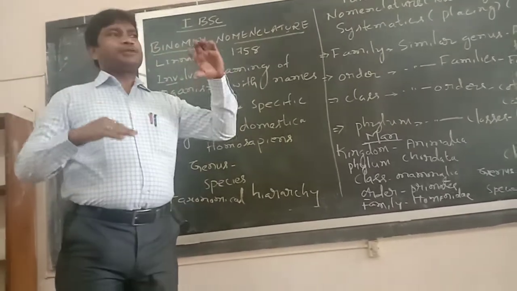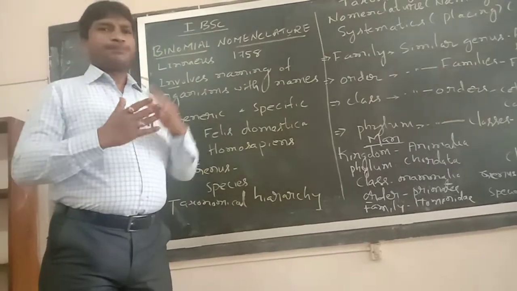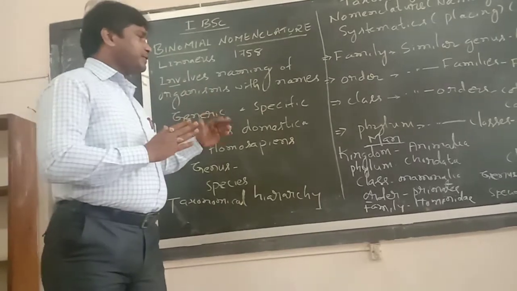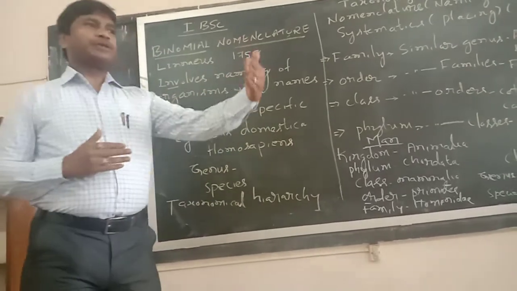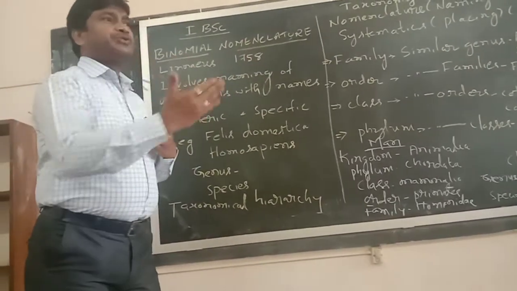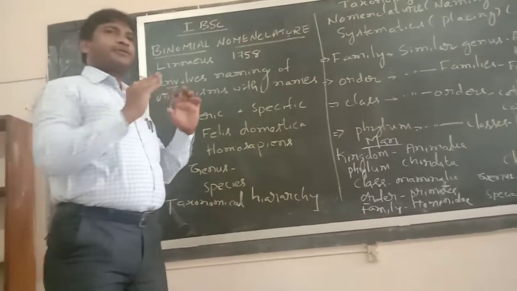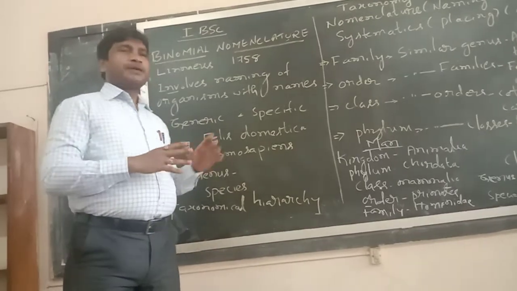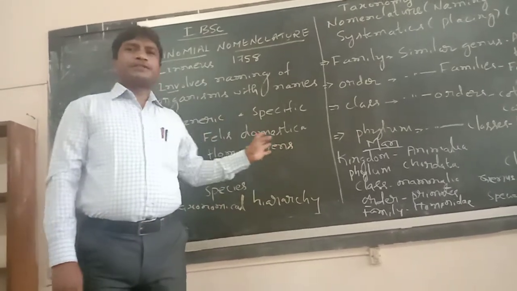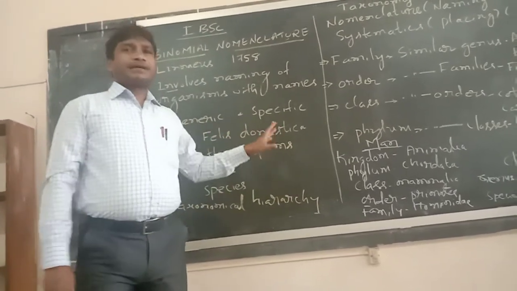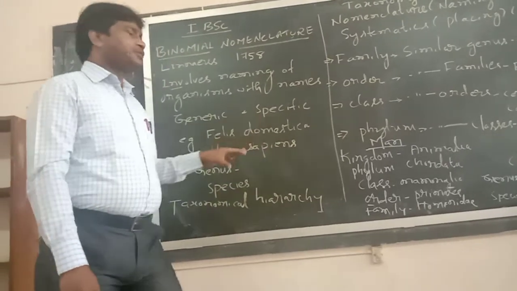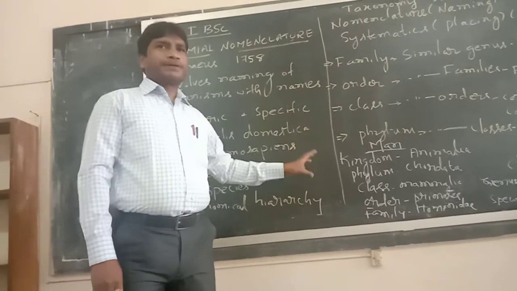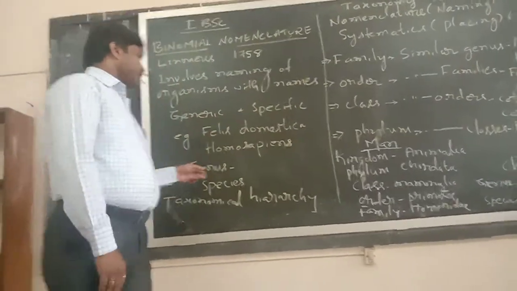So species is the group of organisms which are similar in character and can interbreed to produce fertile offspring.